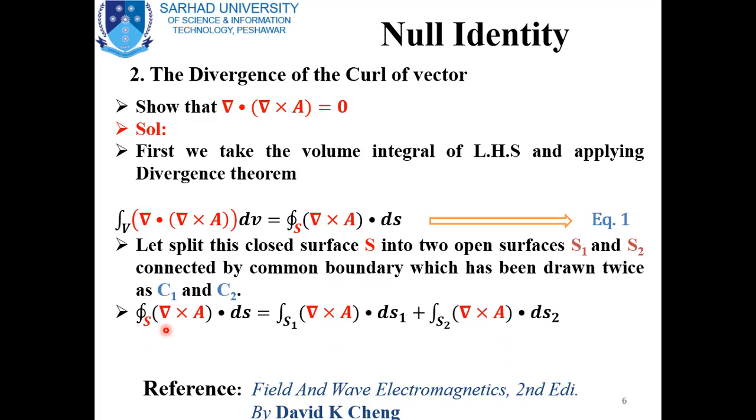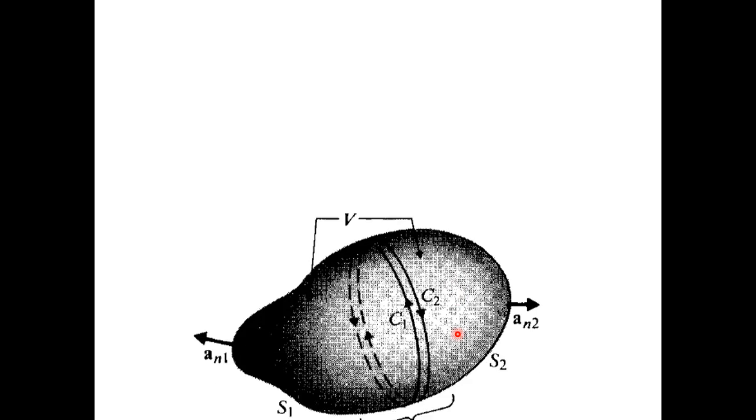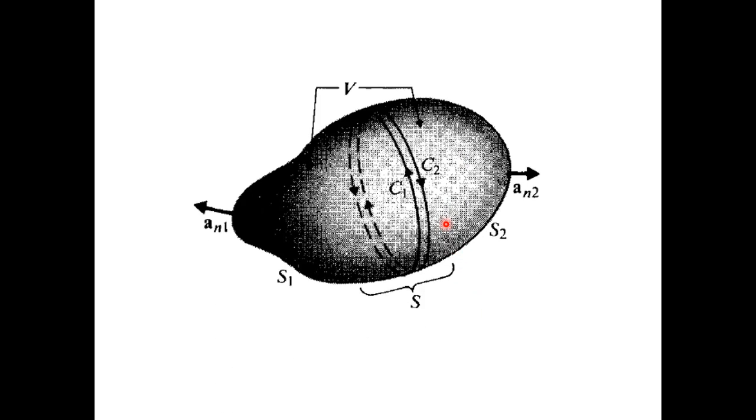This can easily be shown from the figure. We have a single closed surface, and we split it into two open surfaces by drawing two contours C1 and C2.